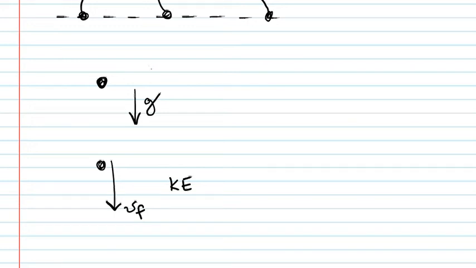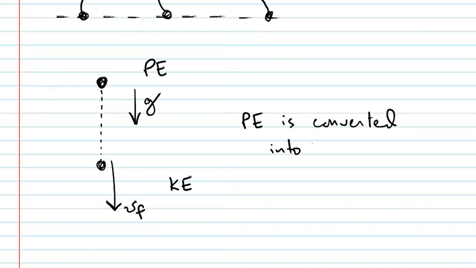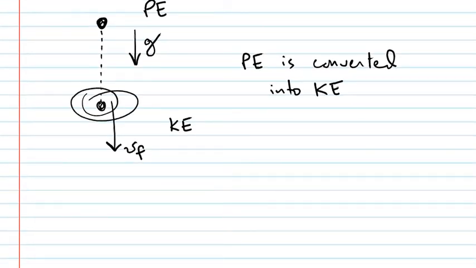If it's dropped up here, it has gravitational potential energy. And as the object falls from one level to another and picks up speed, gravitational potential energy is converted into kinetic energy. And by the time the object picks up speed, if it were to hit something, it could move it and do work on it. That goes along with the idea that a potential energy has the potential to do some work.